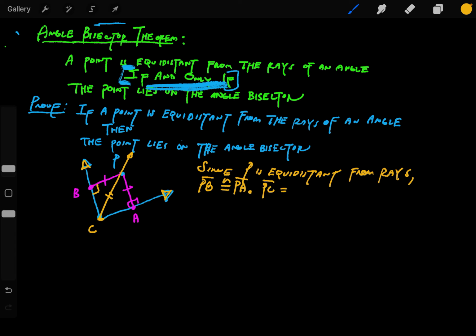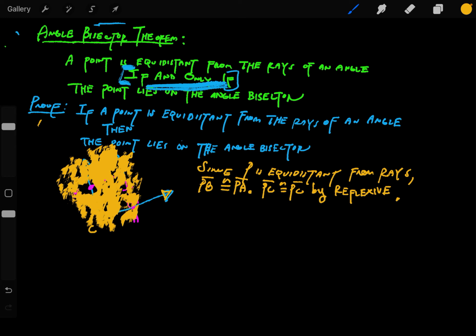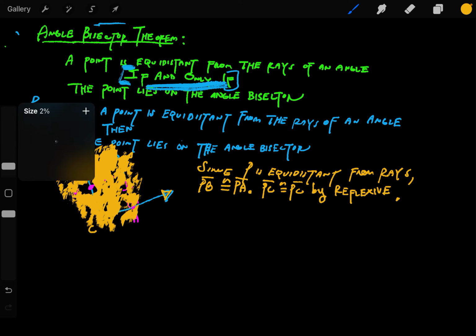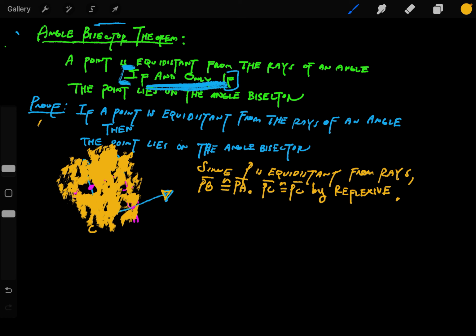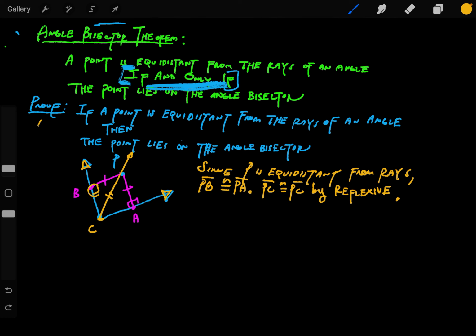PC is congruent to itself by reflexivity. And what we could also say is that we know that this angle right here is a right angle, and this right here and this right here.